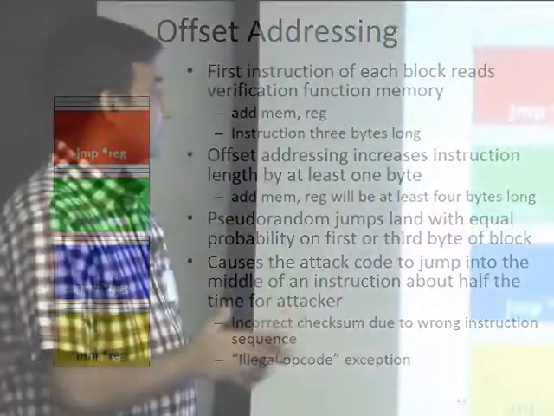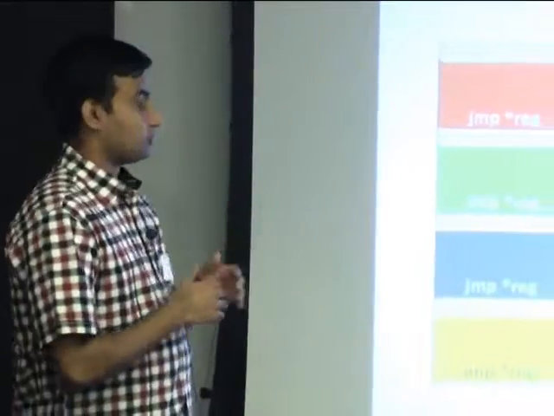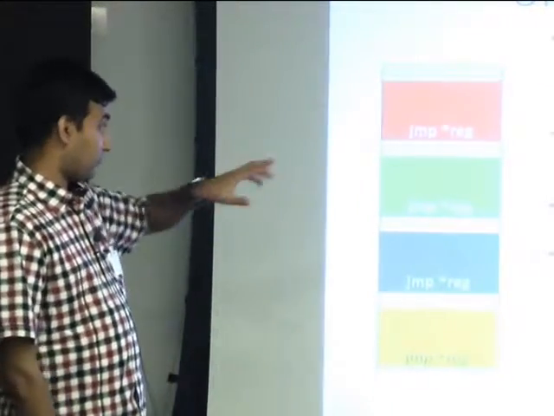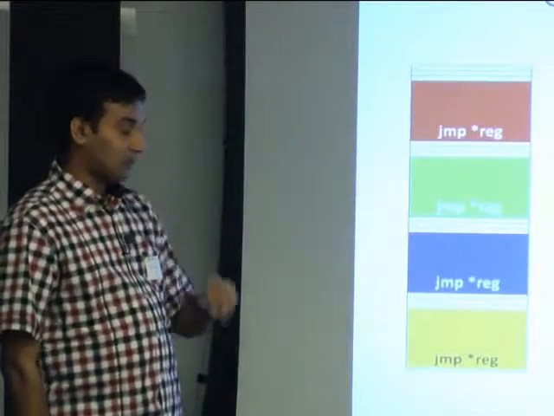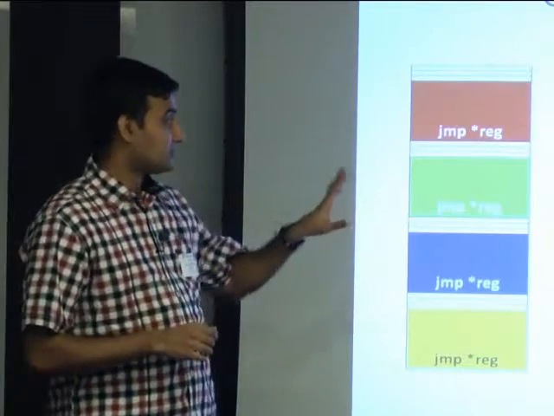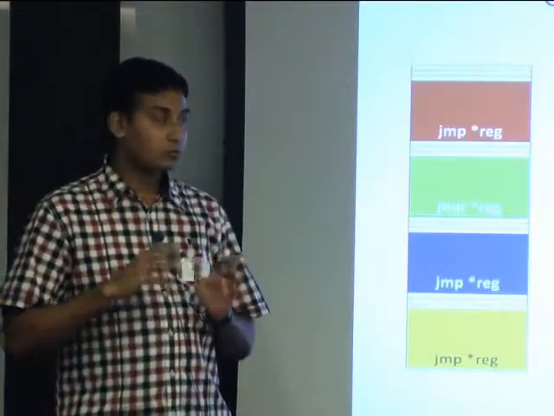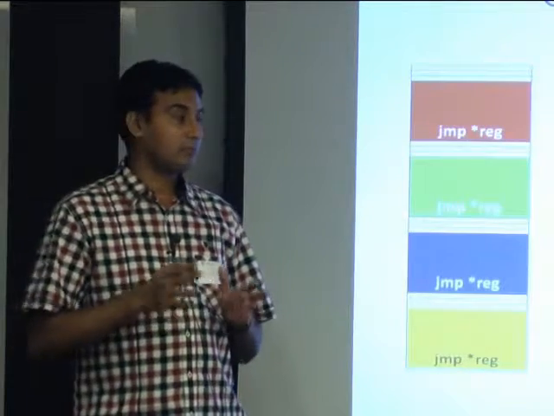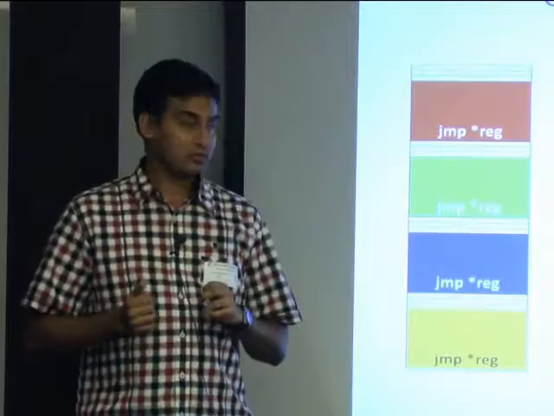So what we did is, you saw the checksum code being organized as 4 blocks. The first instruction of each block is going to do a memory read. So in fact, it's of the form add the contents of a memory location to a register. This instruction on the 64-bit x86 is exactly 3 bytes long. Now, as we saw in the last slide, if you use offset addressing, whether it's a constant offset or a segmentation-based offset, the instruction length increases at least by 1 byte, right?